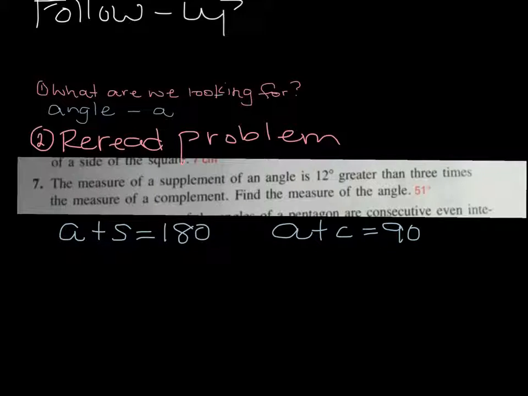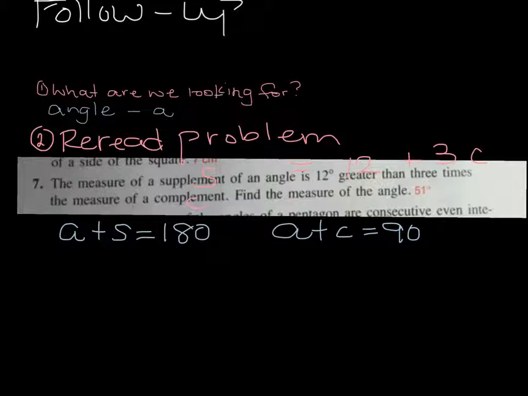Now when I read through this one more time, I'm going to start thinking in terms of S and C. I'm going to let A, the angle that we're looking for, go for a second and just think of its supplement and its complement. So I'm going to label that into this problem. The measure of a supplement of an angle is 12 greater than 3 times the complement.